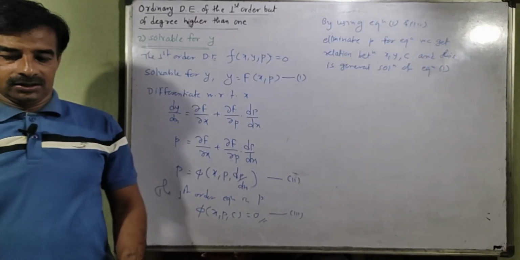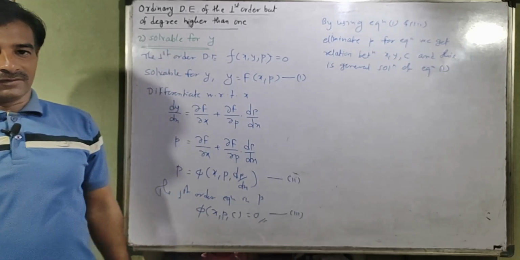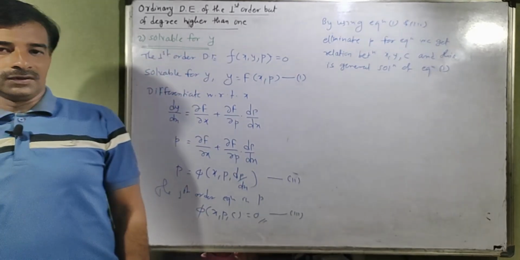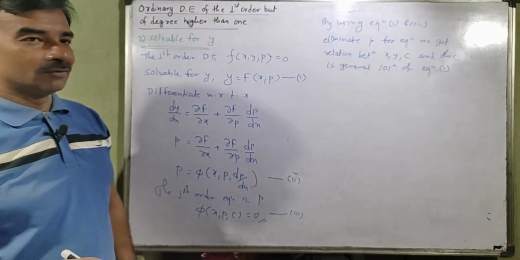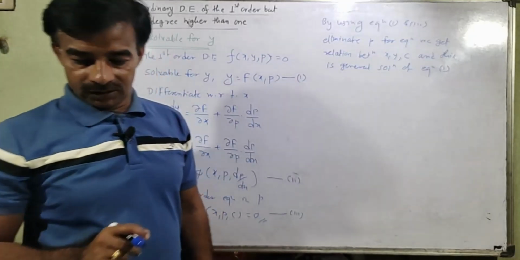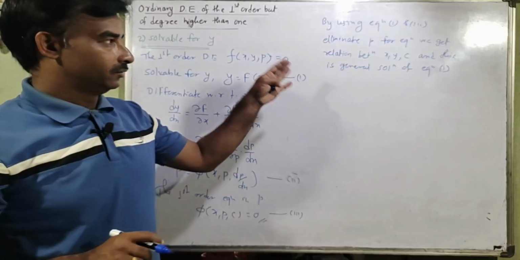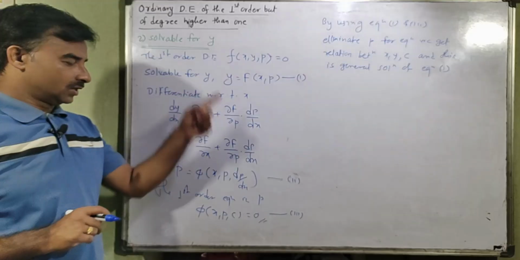Okay, here we are going with some remarks related with solvable for y, and according to that you will get some results related with solvable for y. I'm just going with the first one. Sometimes it is a very tedious job to eliminate p by using equations 1 and 3.